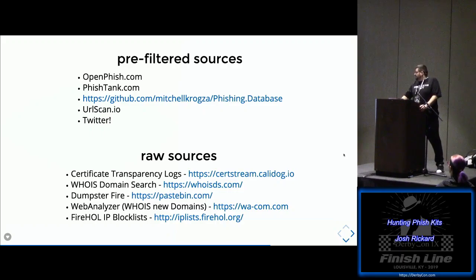But there's also WHOIS domain search, which is all new domains added to all TLDs, as well as Pastebin, which I call a dumpster fire, and Web Analyzer, which is pretty similar to domain search, and then Firehole, which is a correlation of like 4,000 blacklists, all into one nice fancy list that gets updated like every 2 minutes. So use those as your sources. It depends on what your scope is. If your scope is just your org, use your messages. But if it's beyond, you can start correlating and grabbing some of these lists.